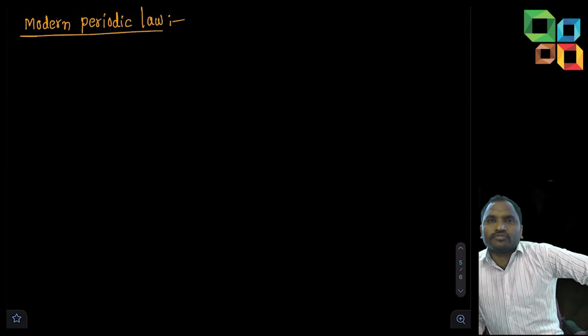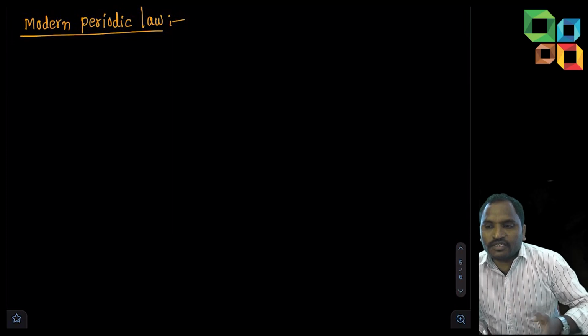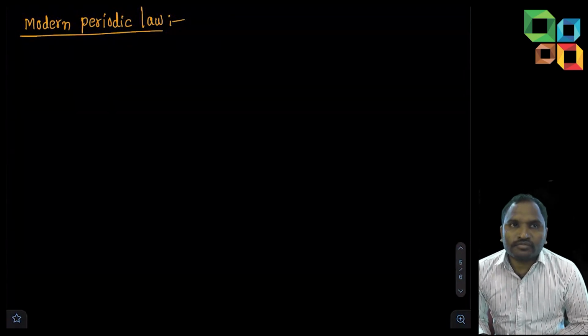Next one, modern periodic law. Whoever selected atomic weight as reference, they all got drawbacks like isotope position, increasing atomic masses, and all the elements couldn't be arranged in a particular sequence.